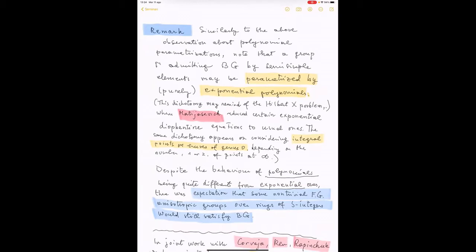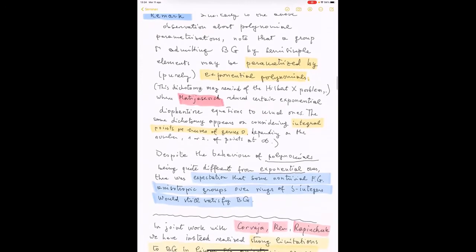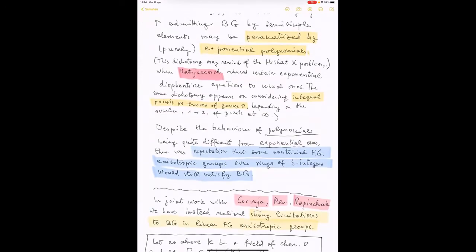So this is a bit different, but there is a dichotomy in the theory also of Diophantine equations and other theories. Somewhat both kinds of objects appear: polynomials on the one side, and purely or non-purely exponential polynomials, as in the theory of linear recurrences.